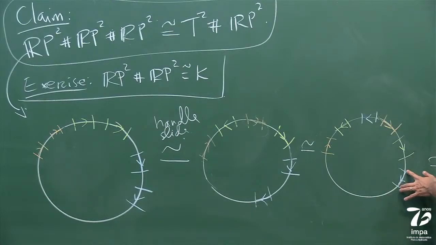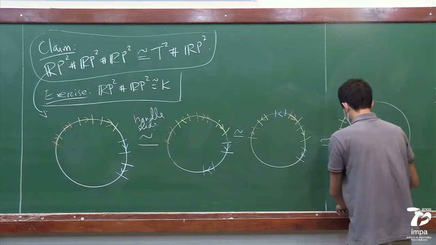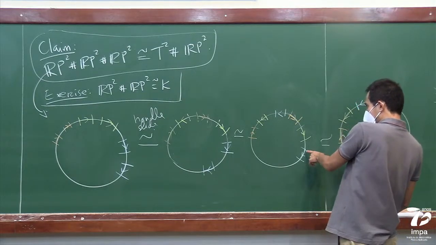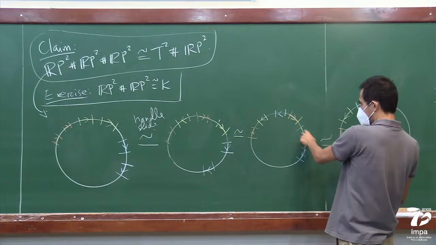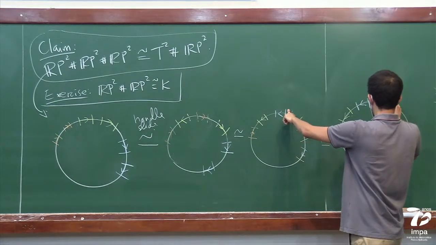So then this green enters here, and it comes out here. So that means I'm going to leave everything else stopped. So I have this orange handle, this orange thing, and then the green one, and the blue one. And then now this green one is going to be next to the blue one, and it's going to be like this.